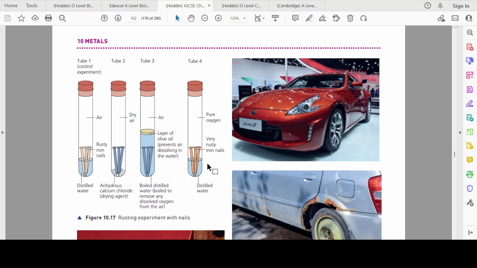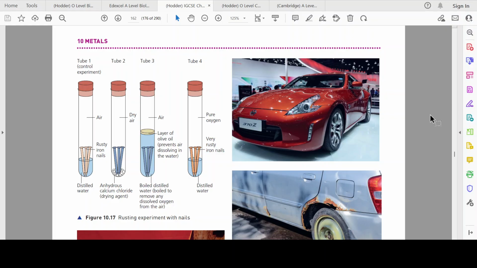Any questions about it? Like, we don't have pure oxygen in our air or in our environment. No, in fact, unless you are having a breathing problem or suffering from some ailment, pure oxygen can actually be harmful.